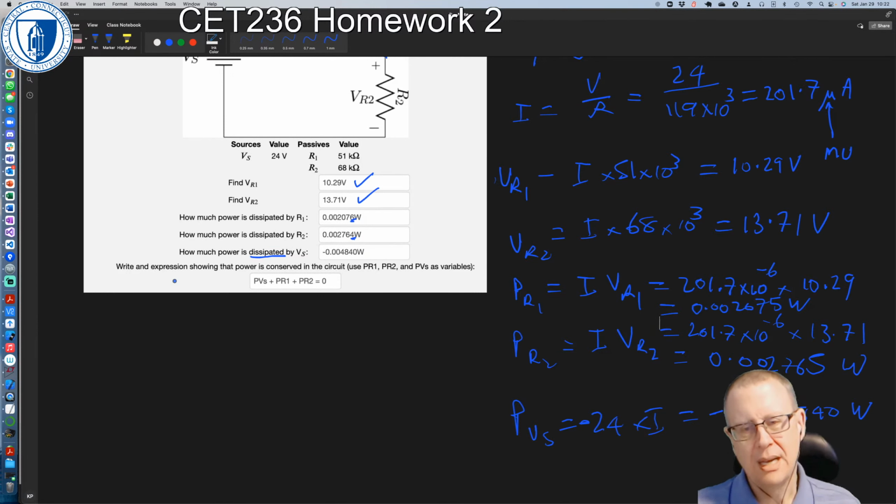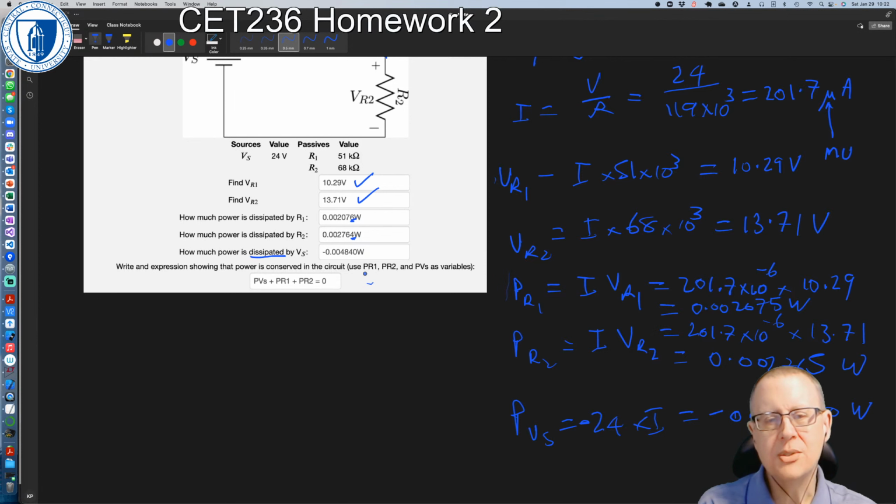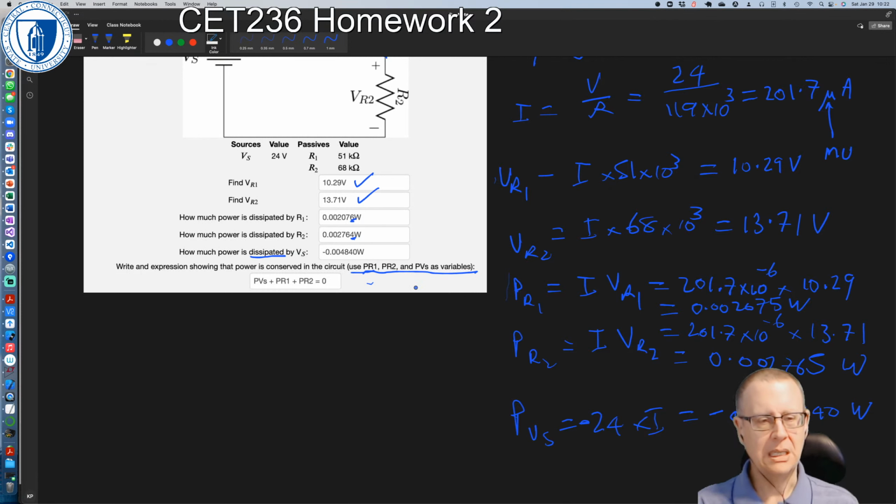So in this case, you're just assuming that everything is dissipating power, and the sum of those powers has to be 0, right? So PVS plus PR1 plus PR2 equals 0. When WebWork tells you to use particular variables, make sure you use those variables. It'll give you an error if you don't.